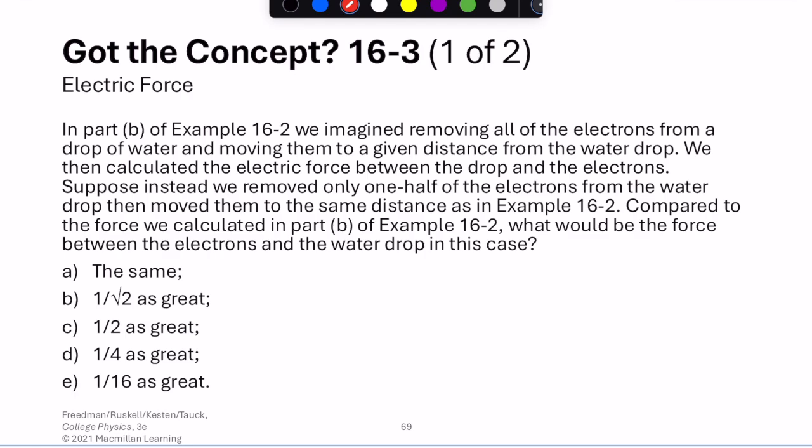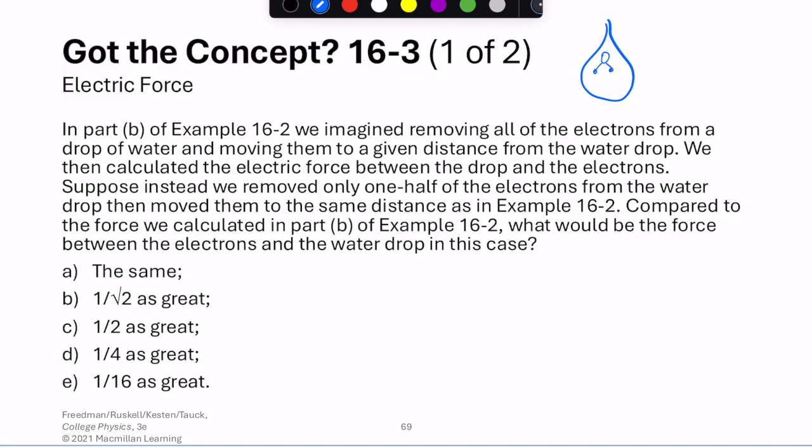So in example 16.2, we had a drop of water, right? And from that drop of water, let's recall, the drop has a bunch of molecules, each with one oxygen and 2 hydrogens.